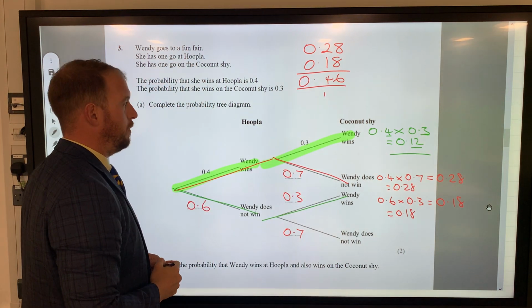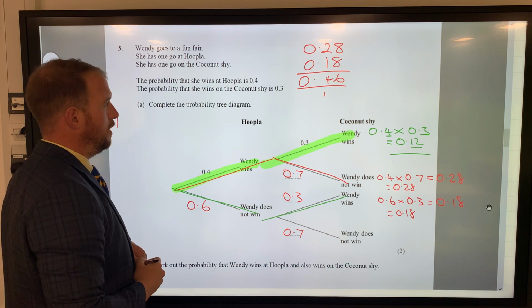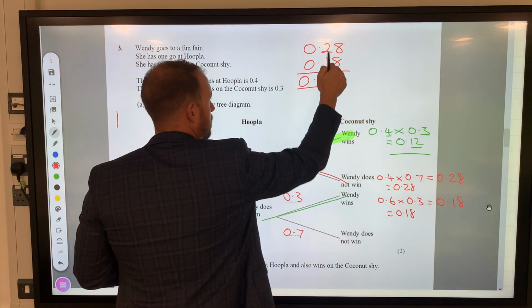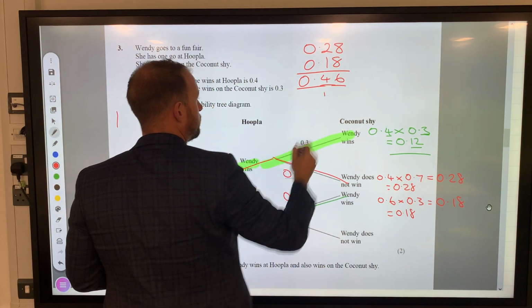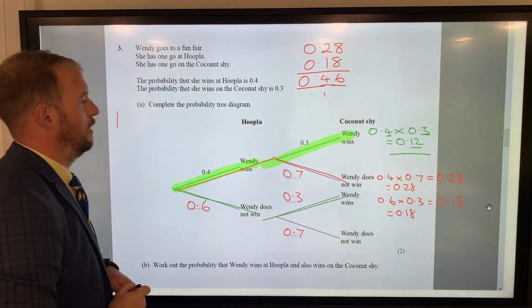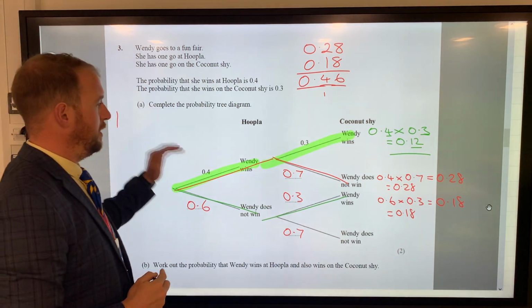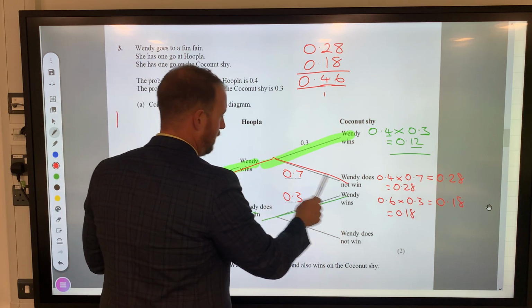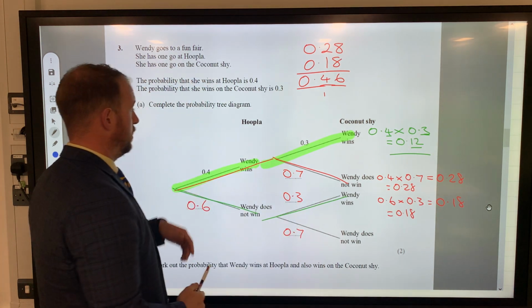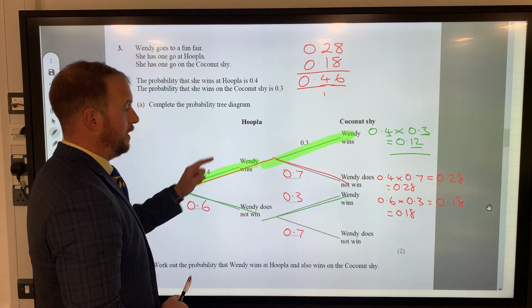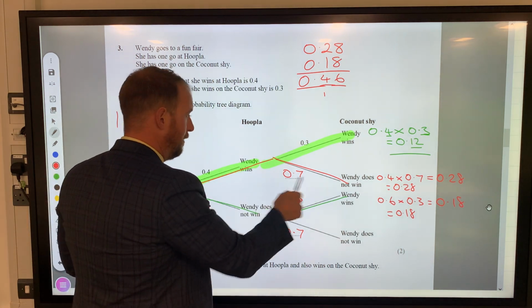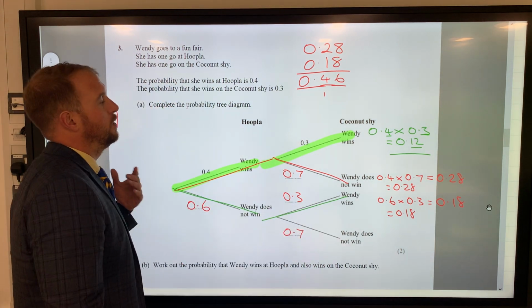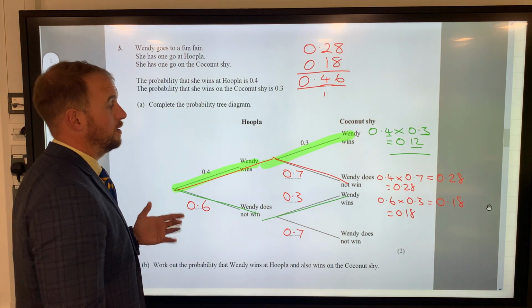So the probability of her winning only once would be 0.46. So be careful with the question. As I say, these have been quite straightforward. You may have variations of where, as I say here, could win only once. So you have to work out which avenues you have to take to see where she only wins once.